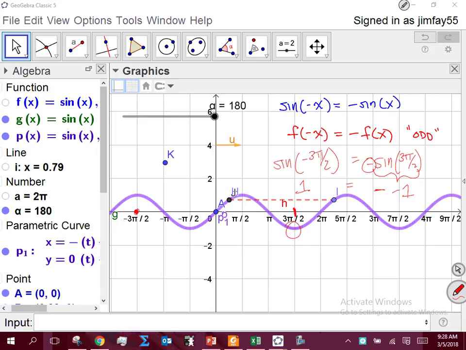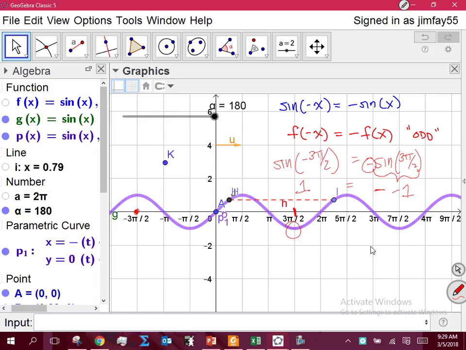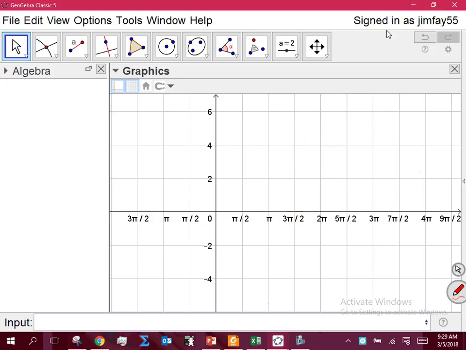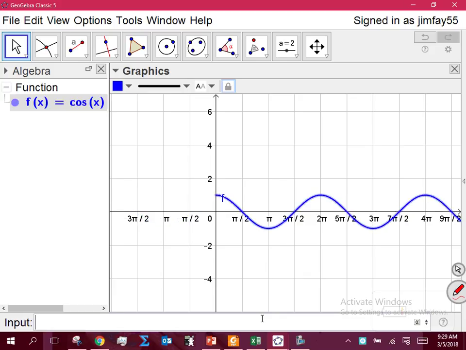Okay. The cosine function is a little bit different. In regards to that, if I look at the cosine function, and we'll talk about how to graph this here in a little bit, I'm just going to look for x being greater than 0, okay?